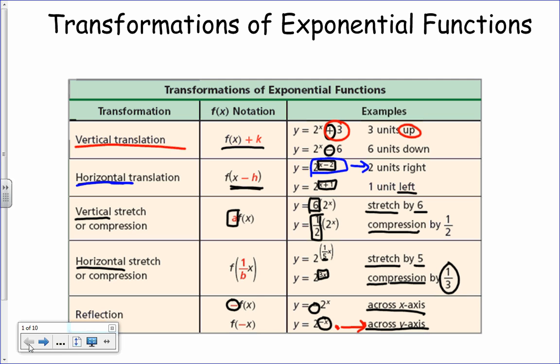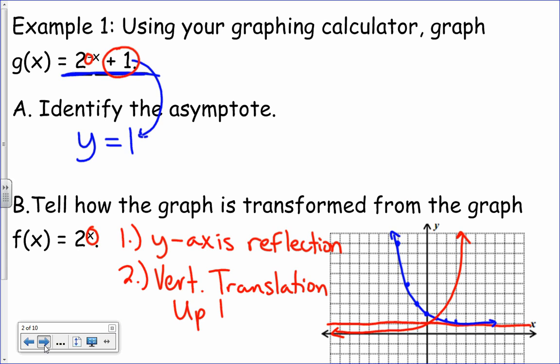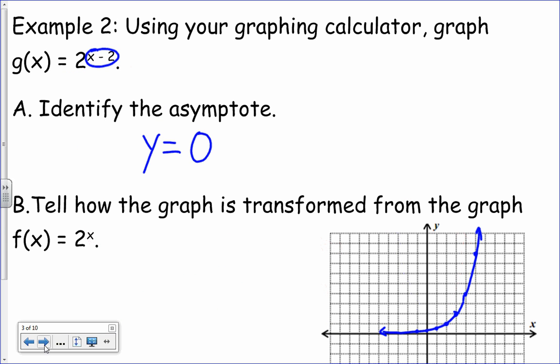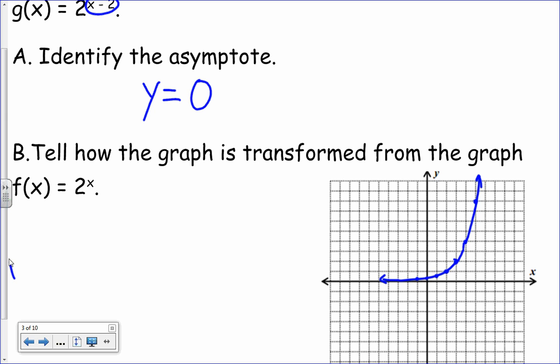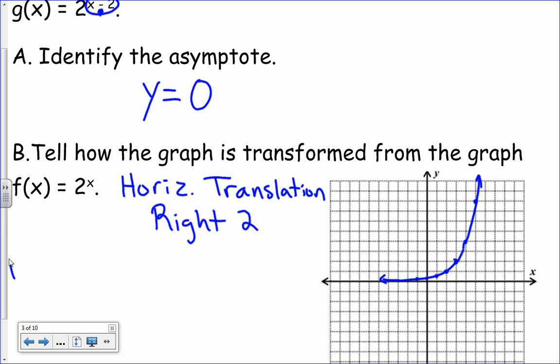Inside the exponent is a horizontal, and it's a translation because it's subtraction. So the only thing we have here is a horizontal translation. And we think opposite when it's horizontal. Since it says minus 2, that means we go to the right 2 spots.